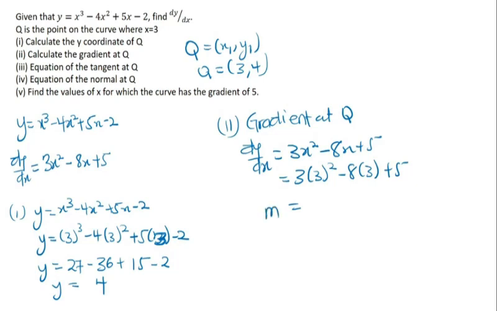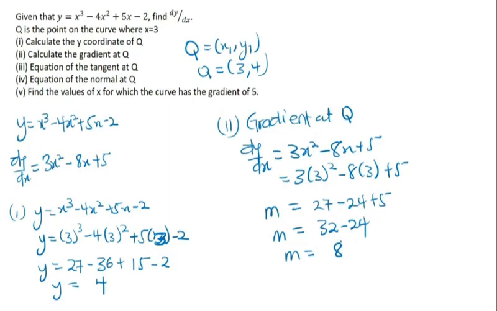So m, which is the gradient over here, is going to be 27 minus 24 plus 5. So our gradient m is equal to 32, that is this plus this, minus 24, and then our m is 8.